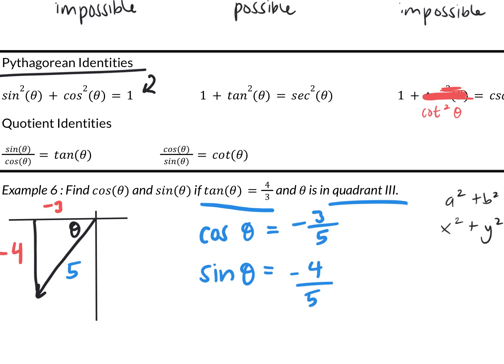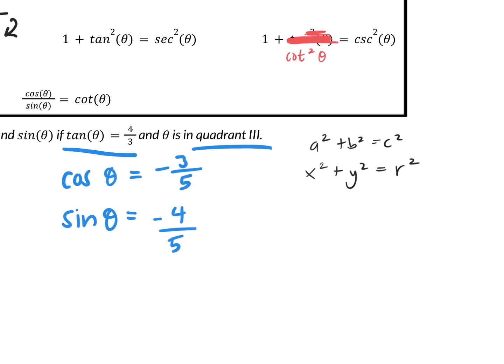Now, this Pythagorean identity has it equal to 1. So if I wanted to get this thing equal to 1, how would I get rid of that r squared? What would I have to do to make that equal 1? That would be giving me r. I want it to be 1. So how would I make that 1? What do I have to divide by? If it was 10 and I wanted to make it 1, how would I make it 1 from 10?